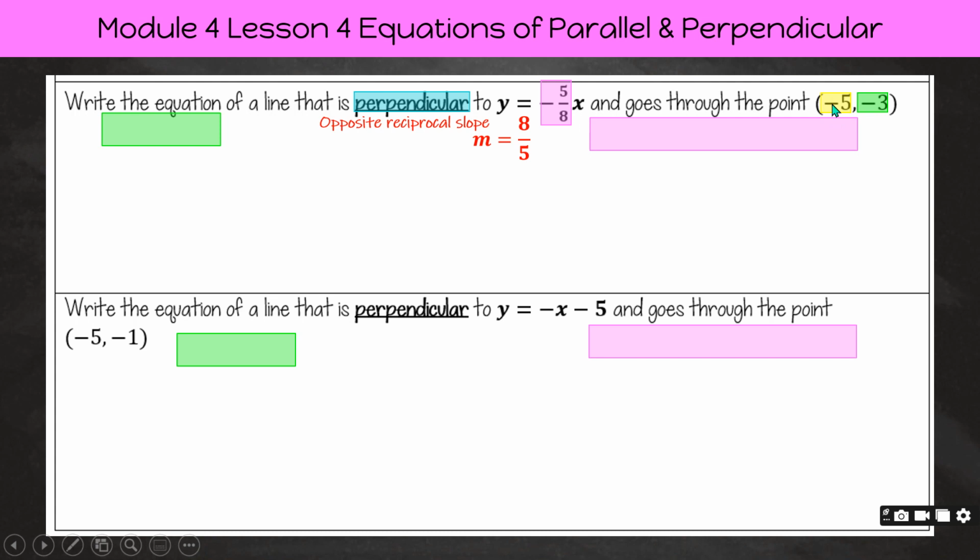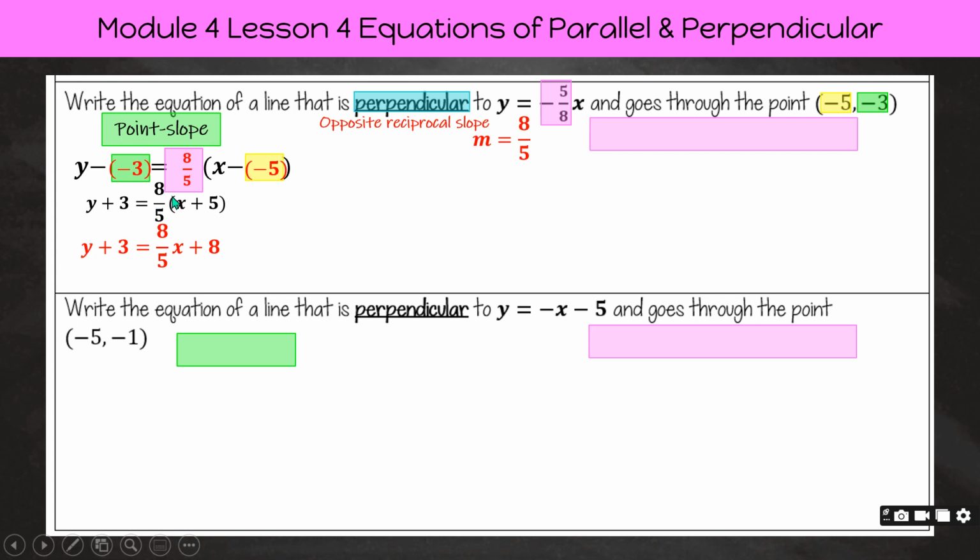Our x value is negative 5 and our y value is negative 3. We're going to plug that into the point slope form. So the negative 3 goes in for my y, the 8/5 for my slope, and the negative 5 here for my x. So y minus a negative 3 and x minus a negative 5 is going to simplify to y plus 3 and x plus 5.